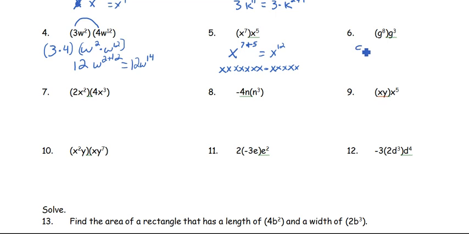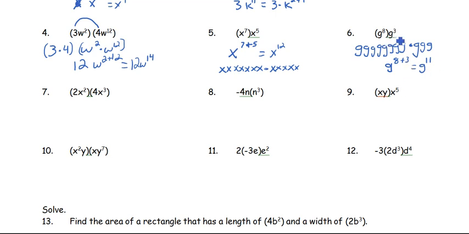We could do the same here. 1, 2, 3, 4, 5, 6, 7, 8 times g to the third, g, g, g. That would be 11 g's. g to the 8 plus 3 equals g to the 11th.